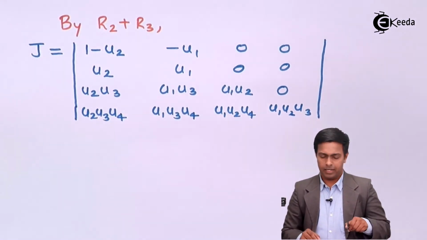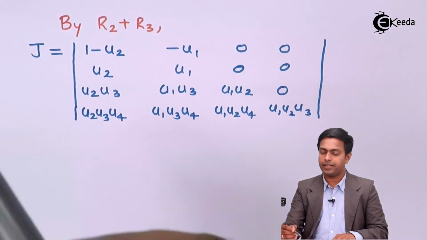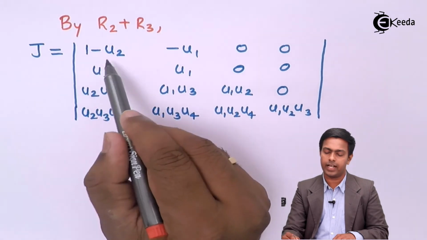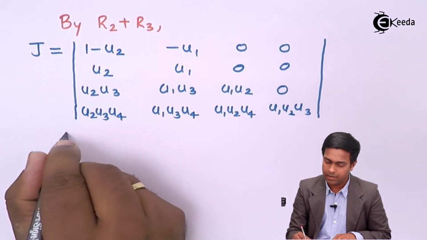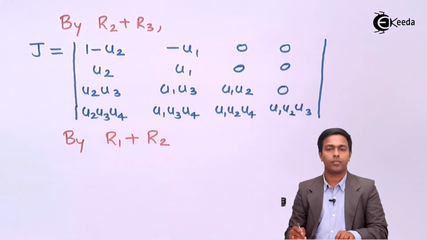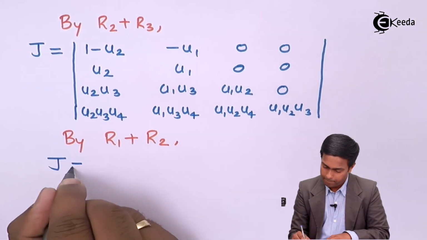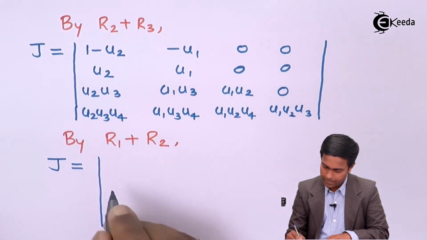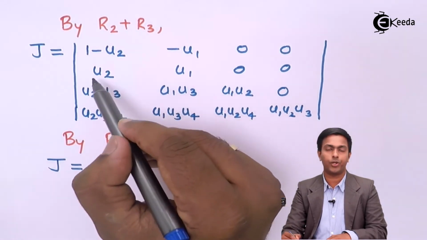Now guys, let's see, can we reduce it further? So yes, if I add row 2 to row 1, then we can cancel this u2 and we can also cancel this u1. So here I'll say R1 plus R2, so we'll get one, because if I add it, u2 and u2 will be cancelled.